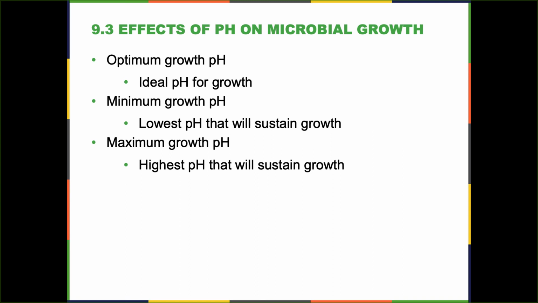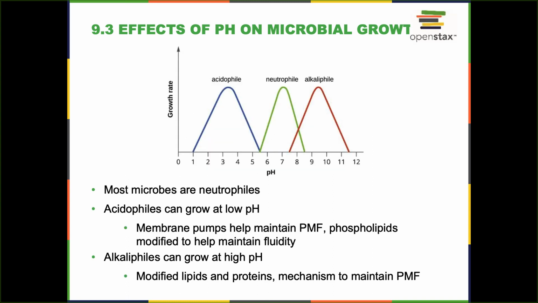But this pH range has an effect on the way we classify our organisms. Most microbes are the neutrophiles, right? Most of them have an optimum growth pH of 7. Most things like neutral pHs. And then we can go a couple of pH points plus or minus to define our maximum and minimum pH environment, right?